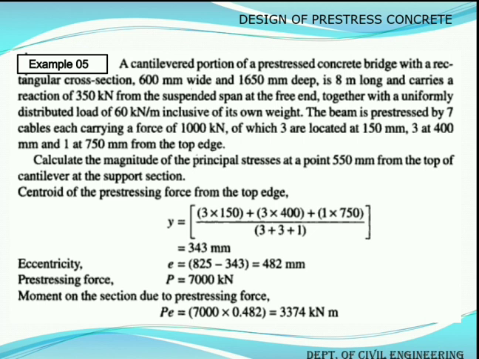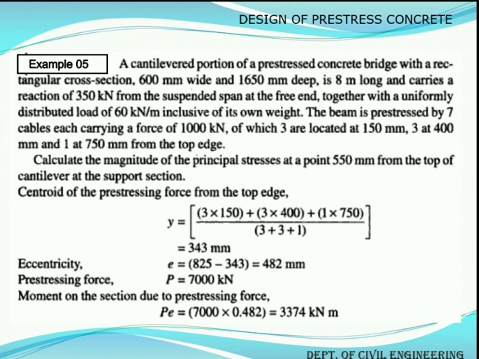Therefore, e is equal to 825 minus 343, which comes out to be 482 mm. Next, the pre-stressing force, we will get it as 7000 because we have 7 wires, each wire carrying 1000 kilonewton force. So 7 into 1000 is 7000 kilonewton, which is your pre-stressing force.